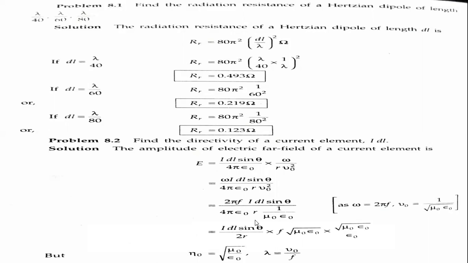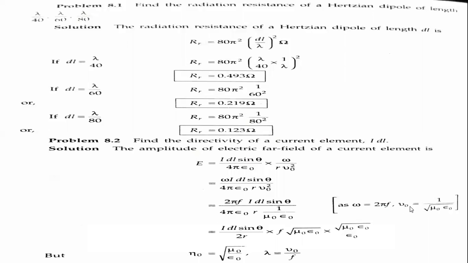These two constant values are substituted here. The radius we will find here. This 4 pi epsilon 0, again a constant value, you can substitute here. Omega is 2 pi f, as mentioned here. Sine theta will be as it is. I can find omega as 2 pi f by substituting the value of the frequency.